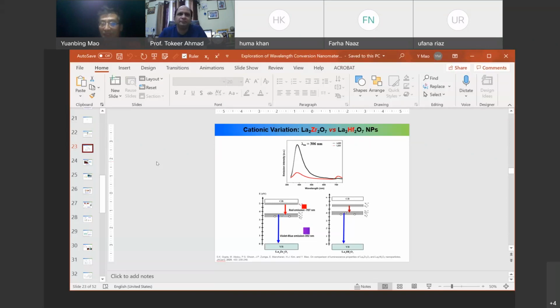So how could we control the issue of toxicity when we are using these luminescent materials as probes in bioimaging? Yeah, that's always a concern, right? That's why I said, for bio-related research, there are always these extra challenges. One thing, I think, compared with quantum dots in general, the materials we are dealing with are metal types, right? Many of these metals are not those types of heavy metals.